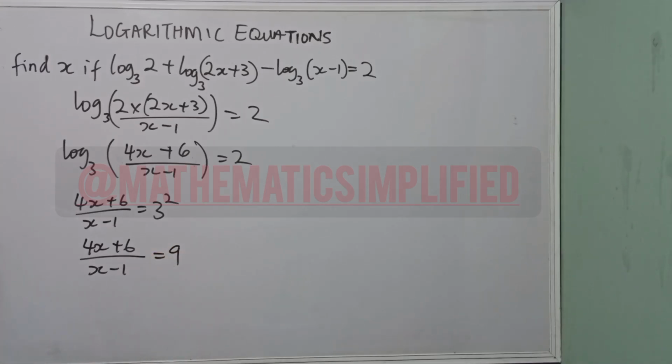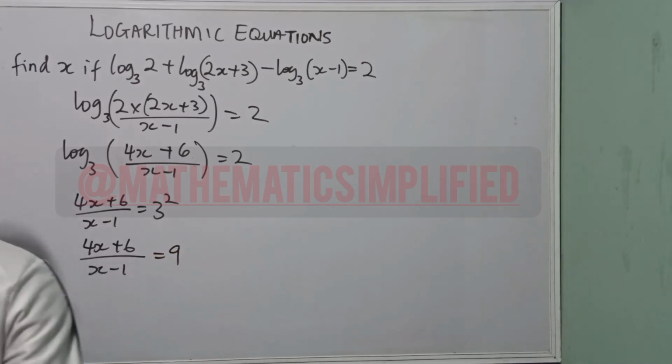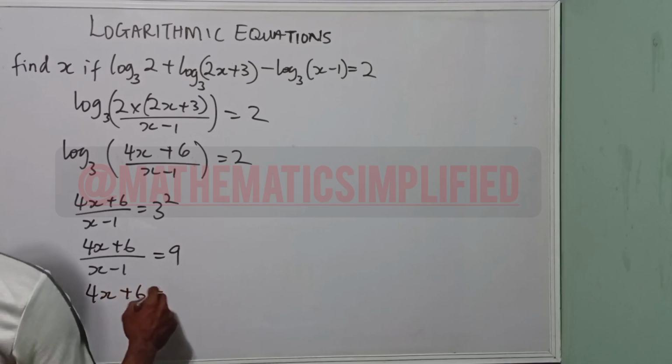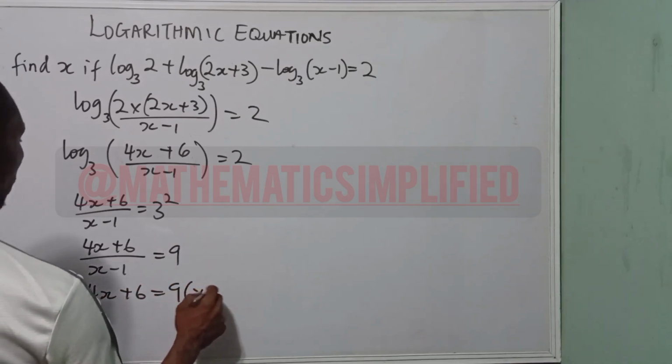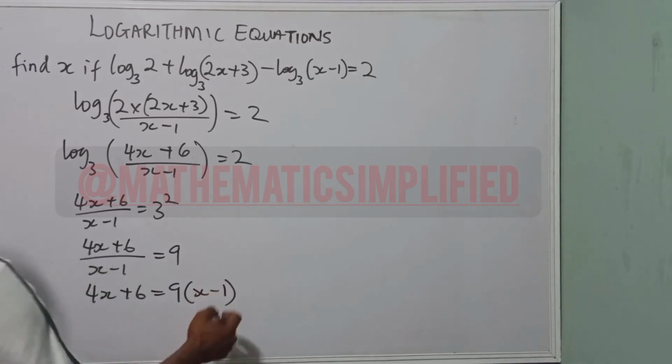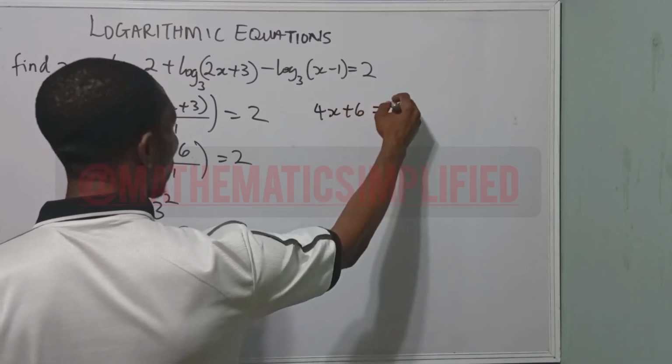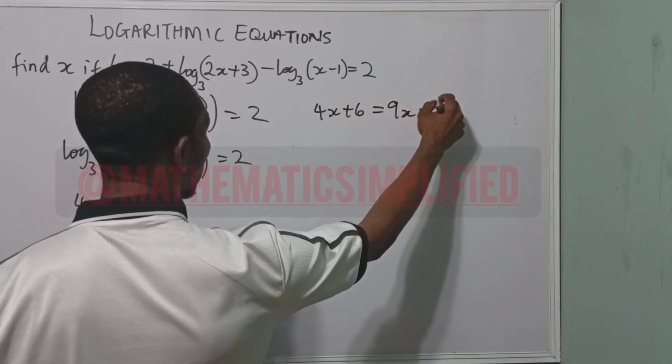Now, having it as 9, we'll cross multiply. This gives us 4x plus 6 equals 9 bracket x minus 1. Expanding this bracket, 4x plus 6 equals 9x minus 9.